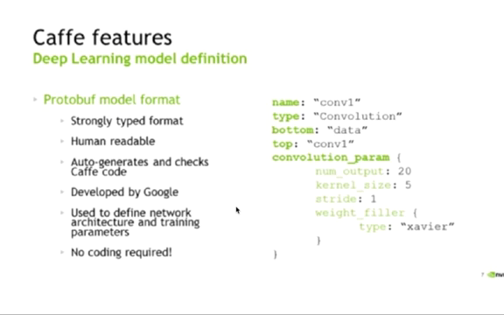These layers are declared in a human readable form with some parameters, like the number of outputs we want, the kernel size we want, and what type of layer it is, like a convolutional layer or a data layer, and how the layers are connected, whether it's a bottom layer or the top layer. All these parameters can be defined in protobuf, which is the main file for Caffe to read the input and to perform the training and deployment.